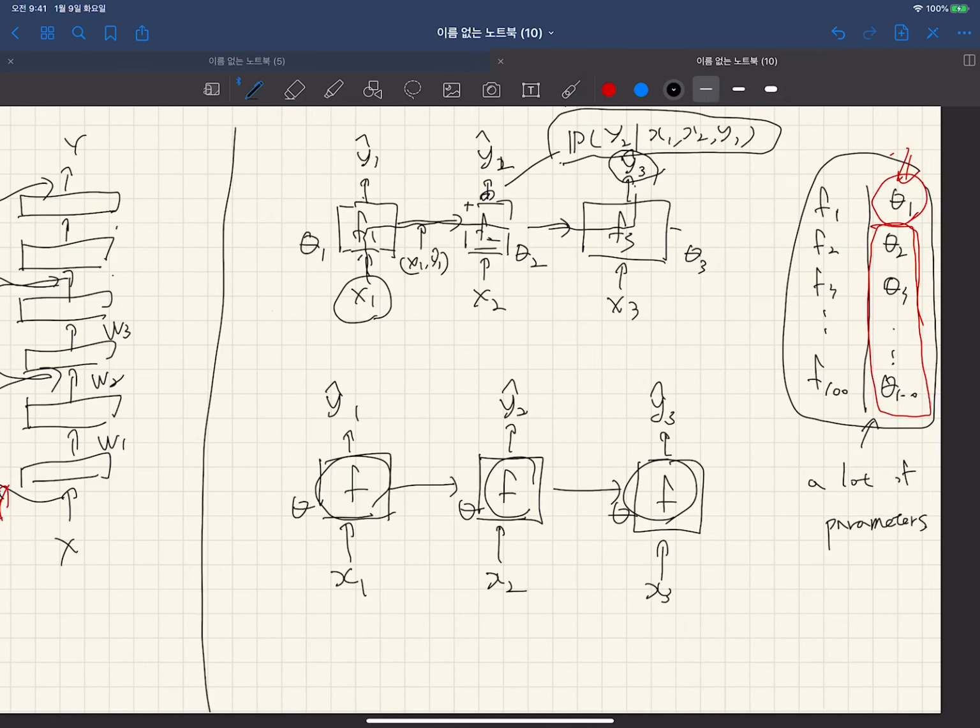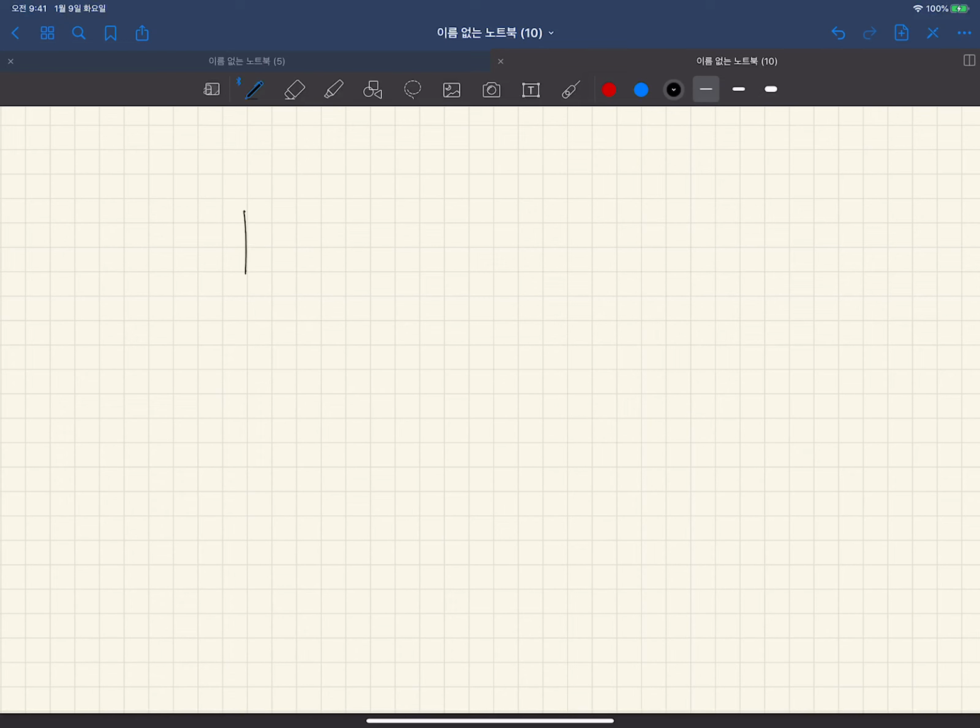Recurrent neural network basically reuses the hidden state and combines it with your new input to predict your current output.